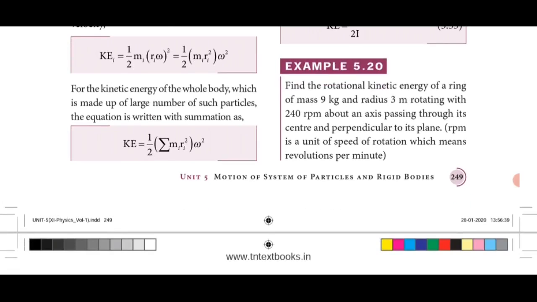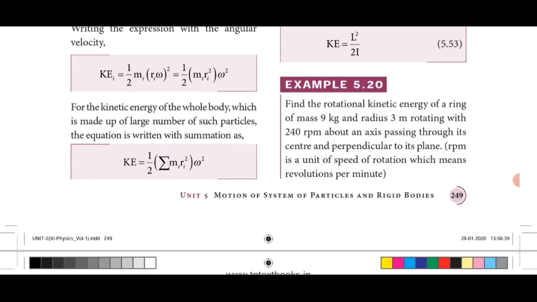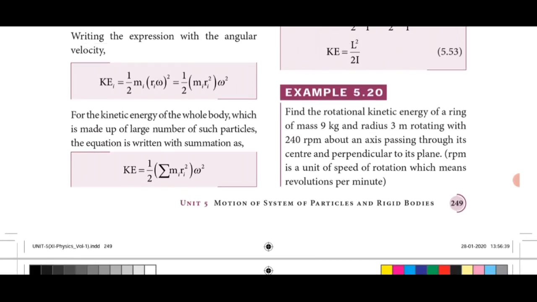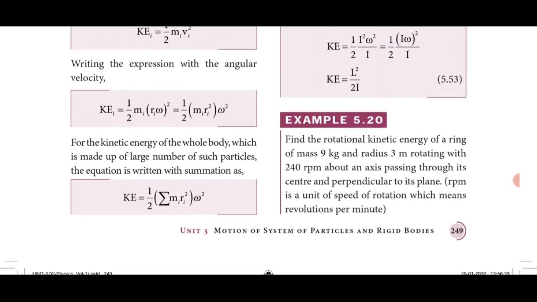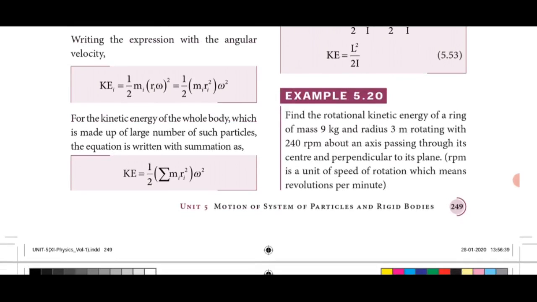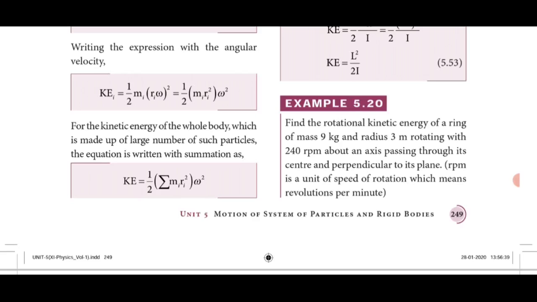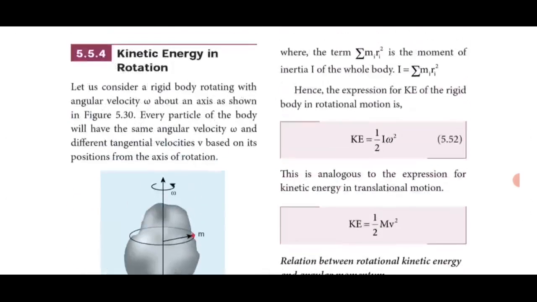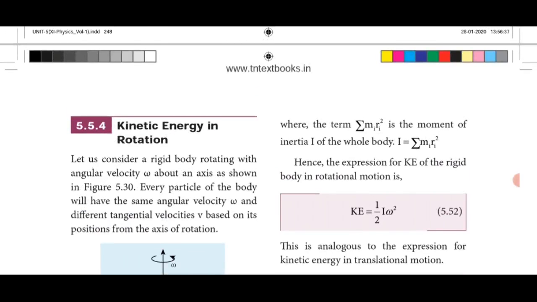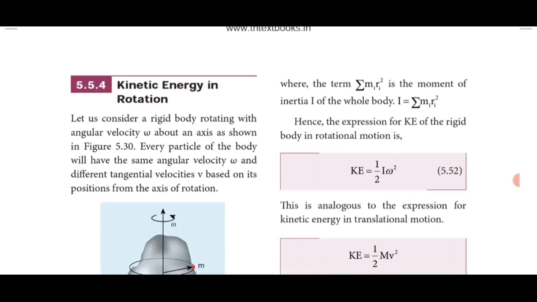For the kinetic energy of the whole body, which is made up of a large number of such particles, the equation is written with a summation. The body has many particles, that's why we take a summation over n particles. So kinetic energy is equal to half into summation of mi ri square omega square, where the term summation of mi ri square is the moment of inertia I of the whole body.